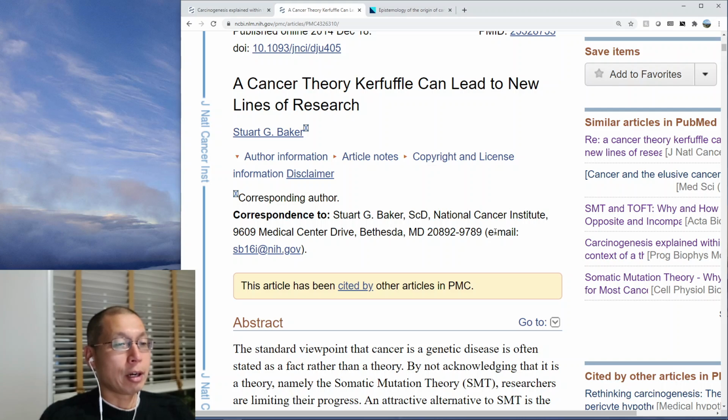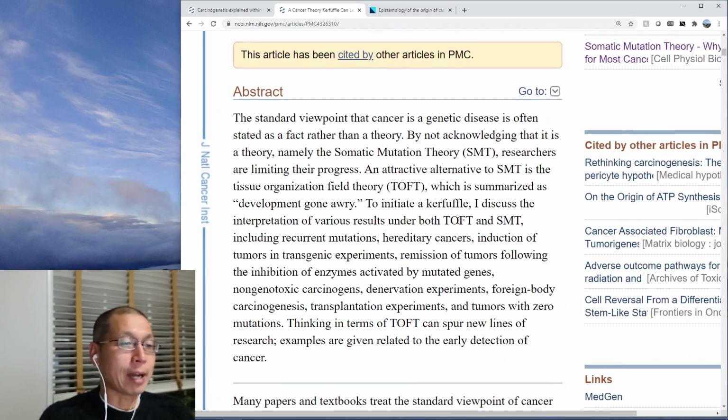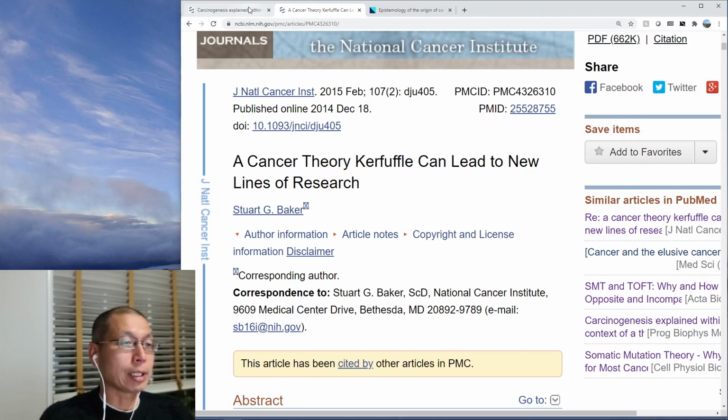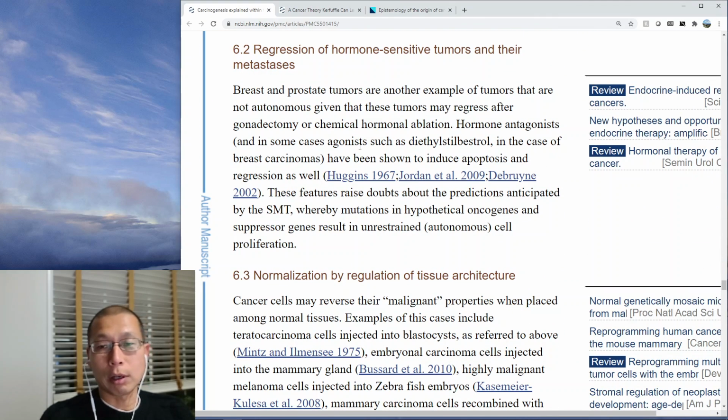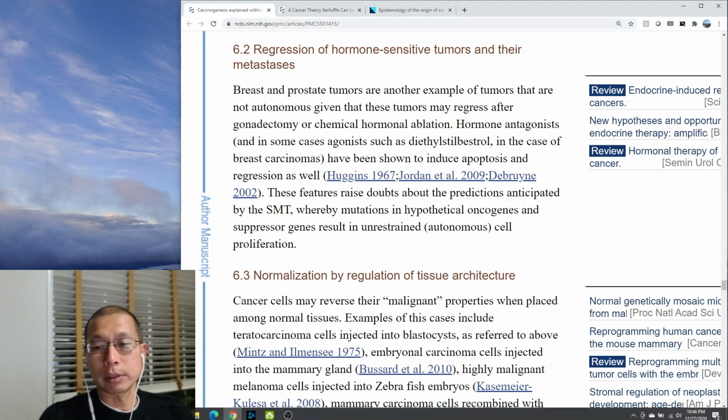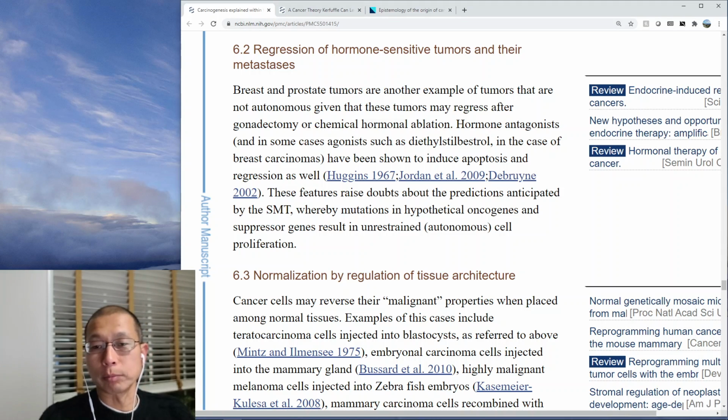But there are several experimental findings that are outlined in these papers that are really hard to explain under that theory. So it is, I think, good to keep our minds open about different theories of how cancers form.